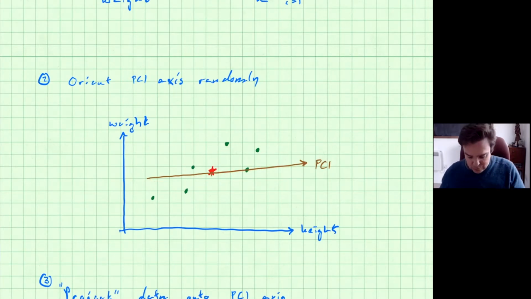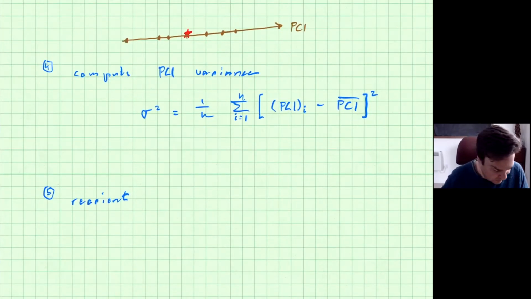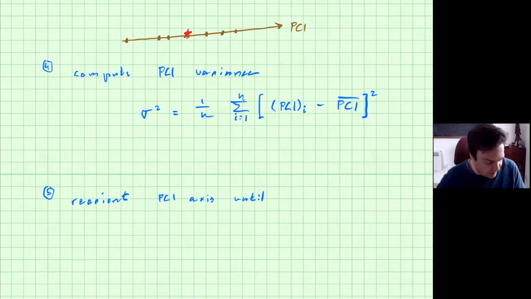And calculate, and do the projection, and do the variance calculation again. So reorient the PC1 axis until you get the largest variance that you have found that is possible, until you find the largest variance.